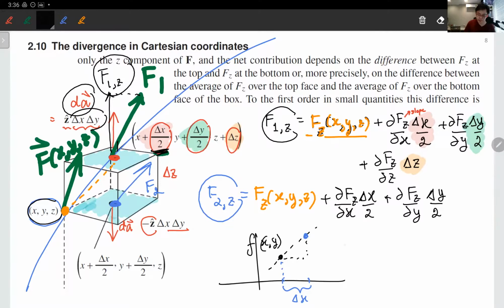You say that the blue point will be equal to f of x, y, and then plus, you have to figure out the slope of this curve at that point, which is just f prime at x, y. You guys with me? Once you know the slope, you can evaluate this height right here by taking the slope and multiplying by this width right there. You can extrapolate the value from x, y to something a little bit further away by taking the slope, multiplied by delta x.